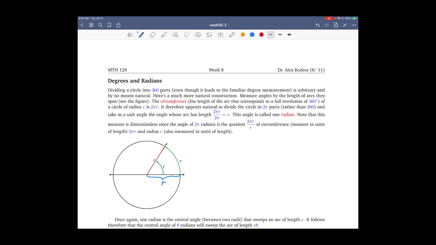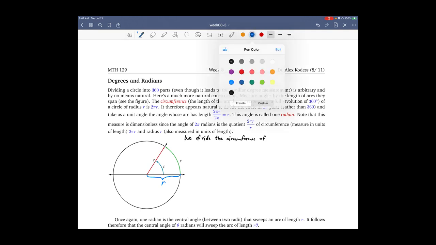So one more time, let's write this down. We divide the circumference of 2 pi r into 2 pi equal parts.